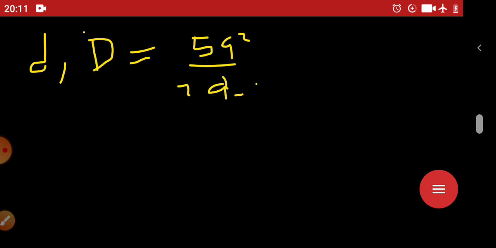So let's do it. So here we have d equal to the square root of 5a squared over 2a squared minus b. So here we need to make a the subject of the formula.